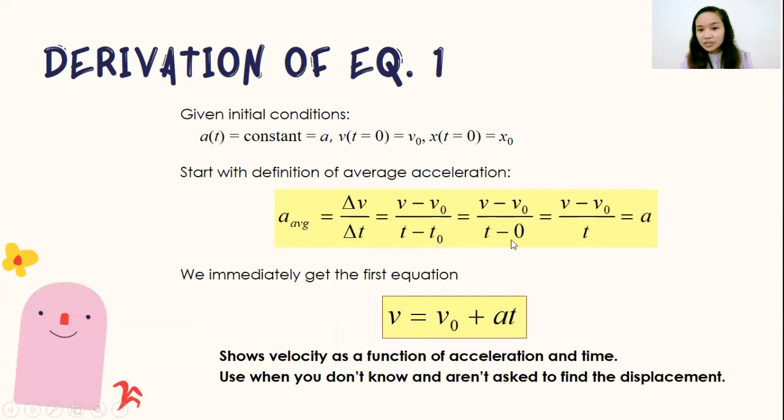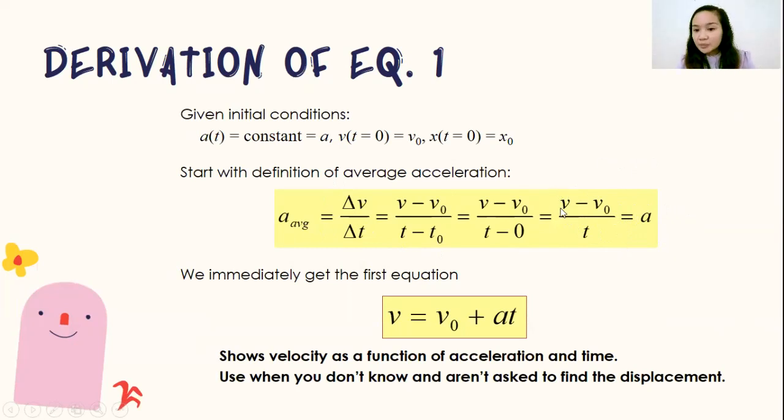Usually, if you are in a starting position, it is understood that the initial time is zero. This is why we have v minus v naught over t. This is now your equation for average acceleration. They are equivalent, just a different form.